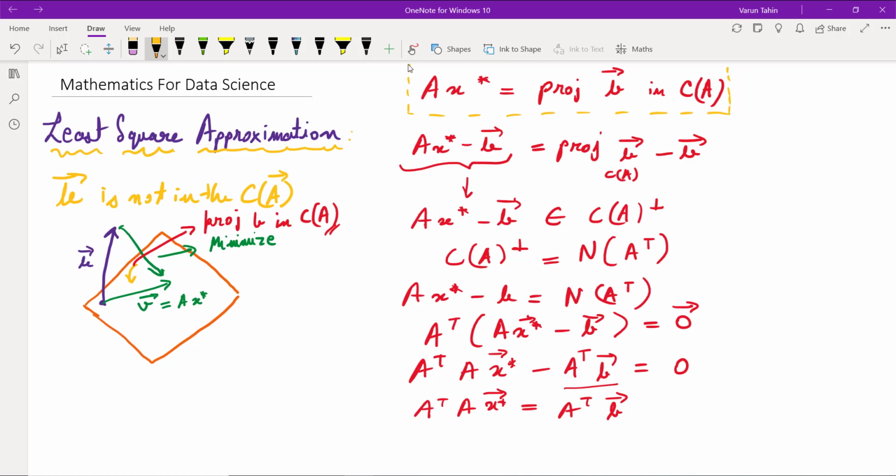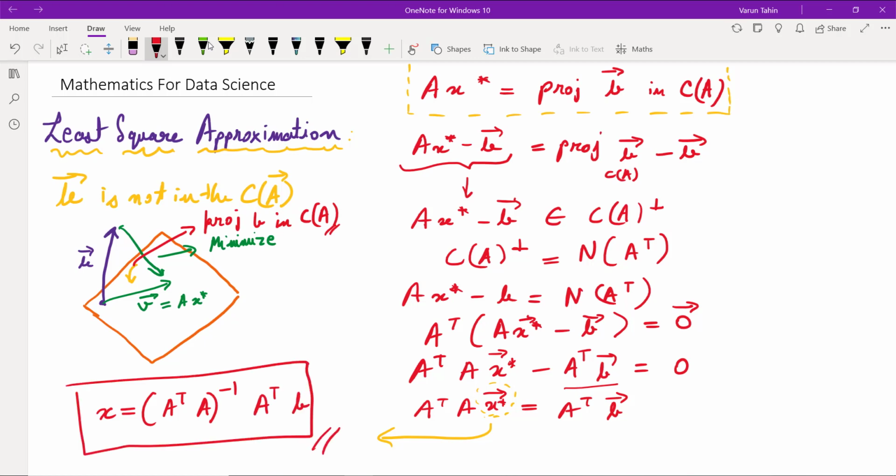So remember guys that our main objective was to find X star, which is the least square approximation. Now we can get this easily by this equation right here. So we bring X star to the left side and send all the elements to the right side. So the final equation will become A transpose A inverse into A transpose B, which is the least square approximation.